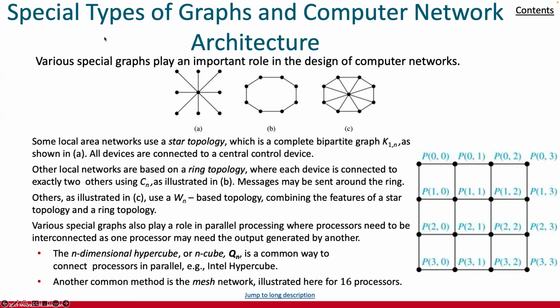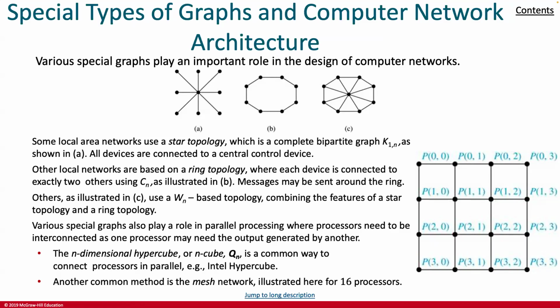We can also be thinking of special types of graphs in computer network architecture. Various special graphs play an important role in designing computer networks, in how we're going to have connectivity between nodes, for example. So we're going to have a star topology that we're showing there. We can also have a ring topology, which is what we have here in the second illustration.